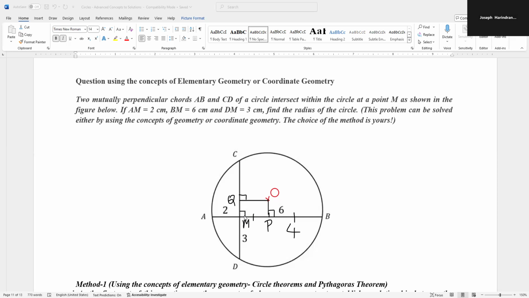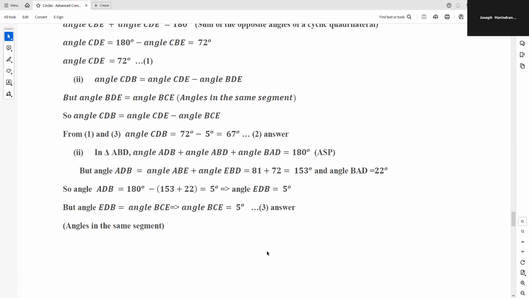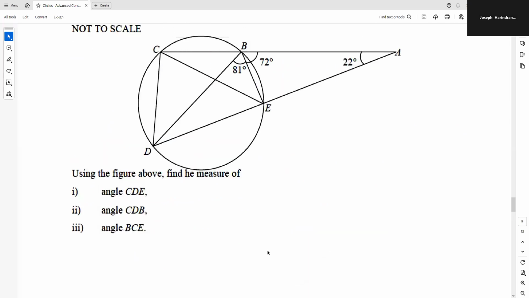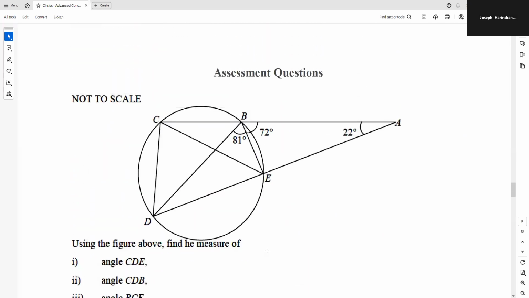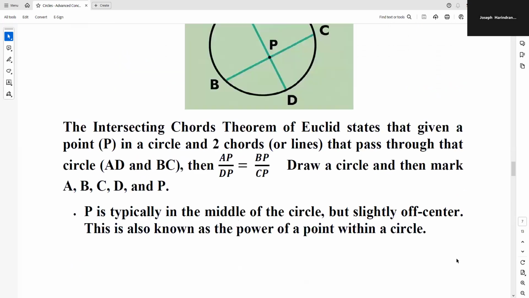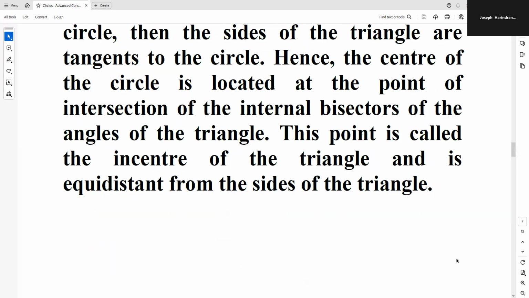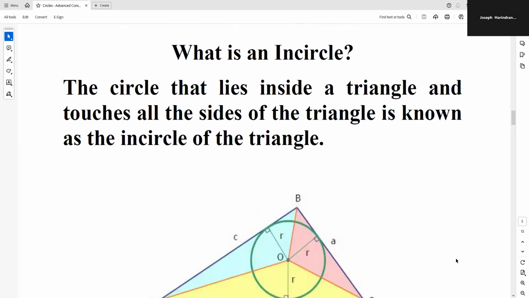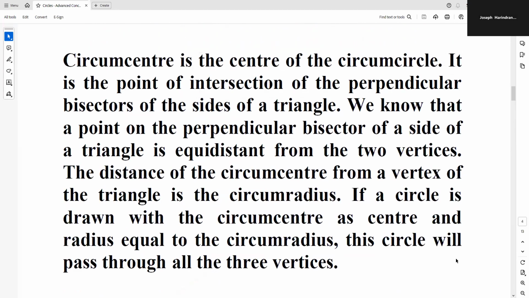We just saw something interesting about advanced concepts: the circumcenter, the intersecting chords theorem, the incenter, the incircle, the circumcircle, and the circumcenter.